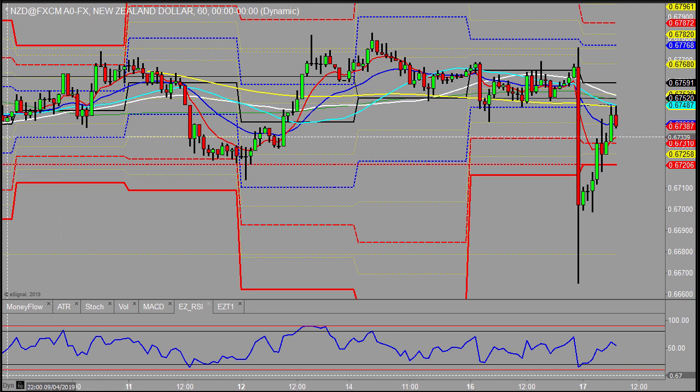News-wise today, we do have some, not a lot, but some. This morning we've got UK inflation, due out at 9:30, expected to come in at 2%, which is the target level for inflation.